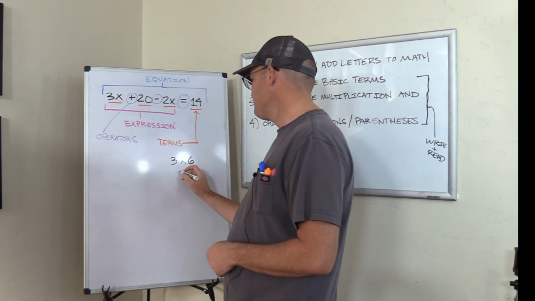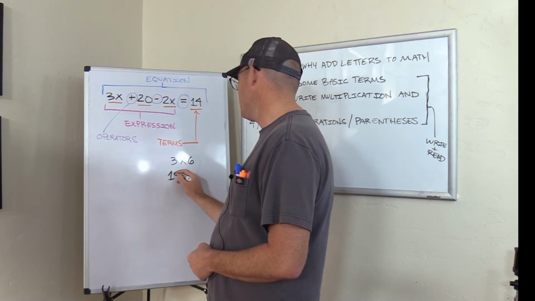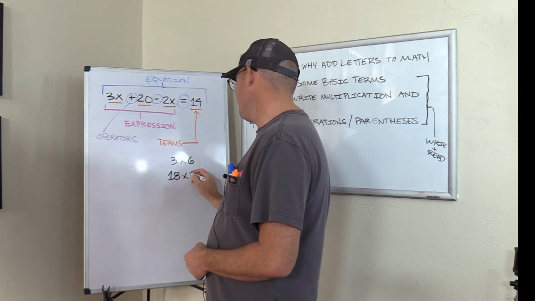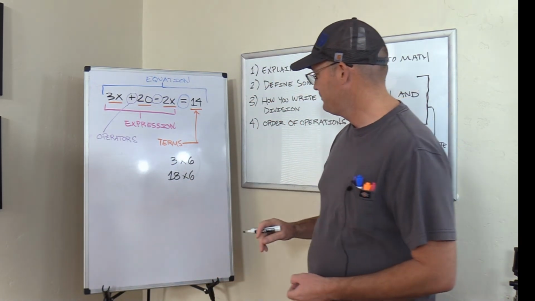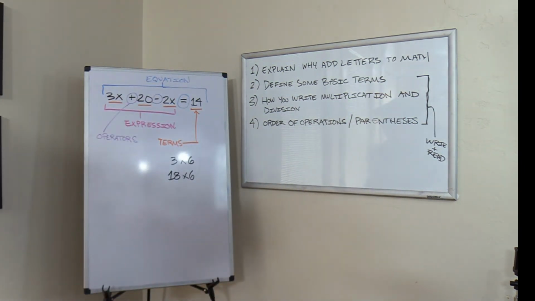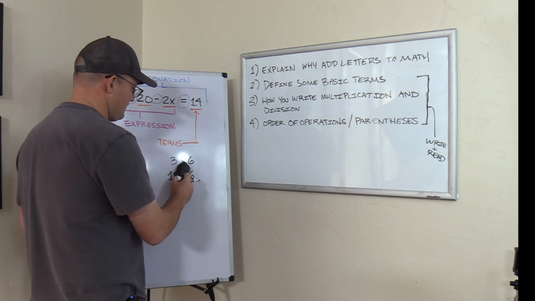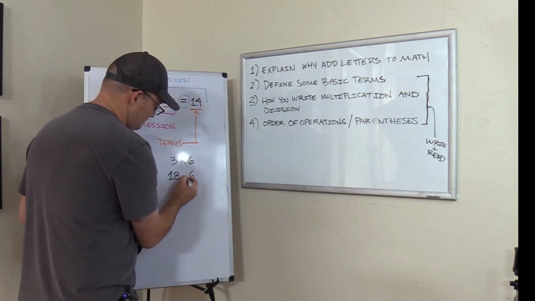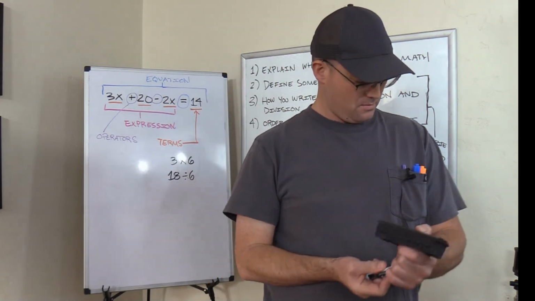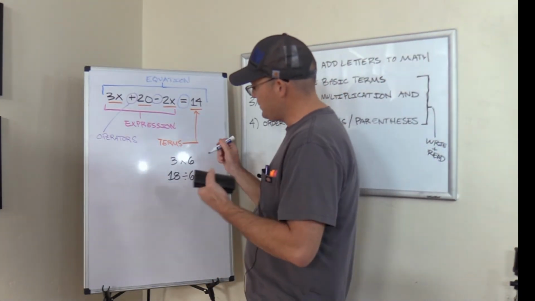Okay, and when you want to divide 2 numbers, you write something like this. Oh, sorry, that's not right. When you want to divide, you write something like this. Okay, a line with 2 dots. Okay, so these right here are symbols we use.